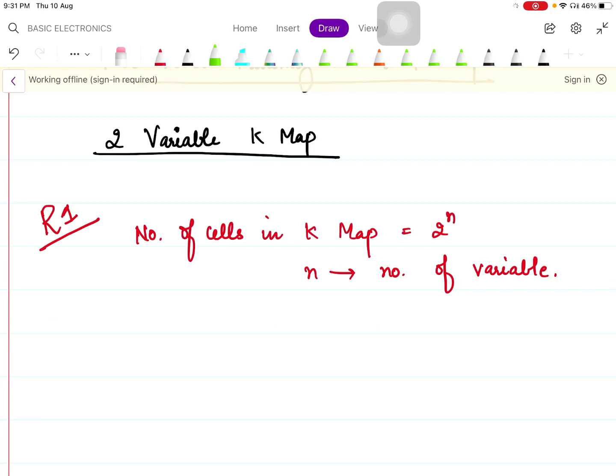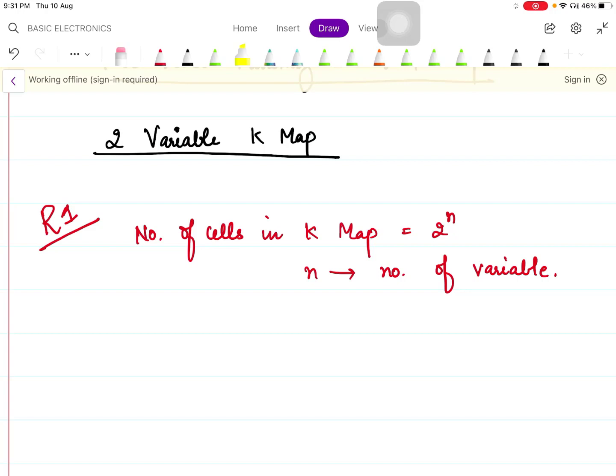In the case of the two-variable K-map, first of all, we must understand the structure of the K-map. So first of all, we should look at rule number 1 that I have written over here: in any K-map, the number of cells or blocks that you will be drawing in the structure of the K-map will be 2 raised to the power n, where n is the number of variables.